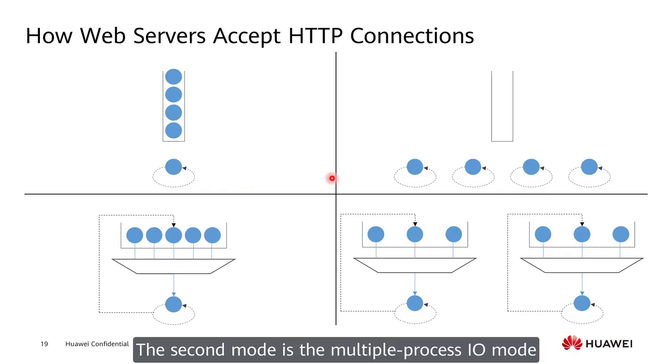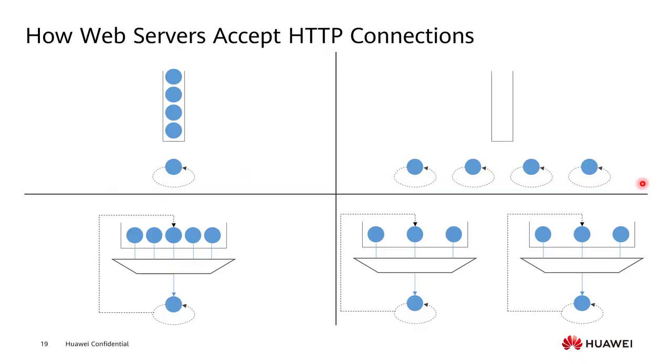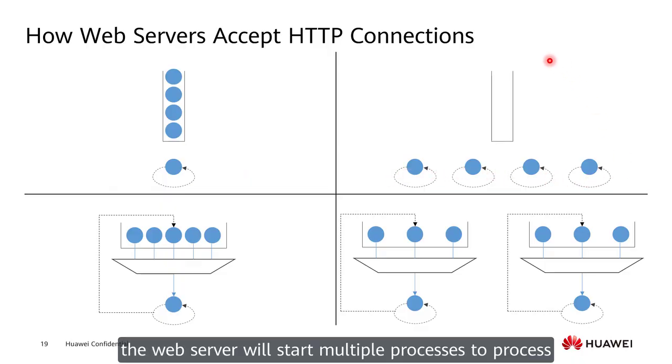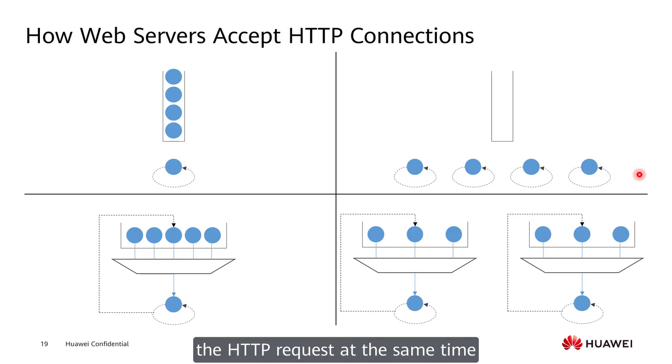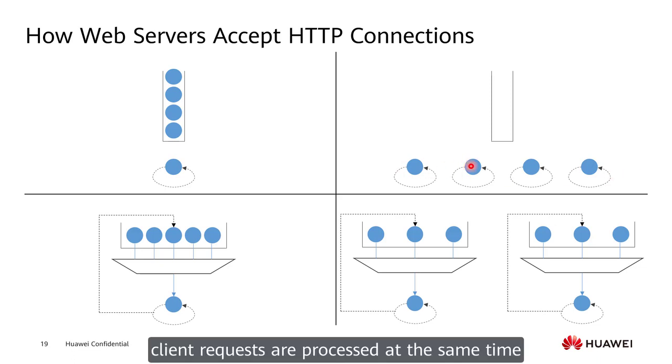And when this only process crashes, the web server becomes unavailable. The second mode is the multiple process I/O mode, that is, the web server will start multiple processes to process HTTP requests at the same time. In this mode, client requests are processed at the same time, which reduces the waiting time of the client.